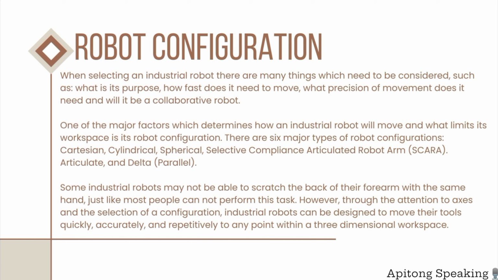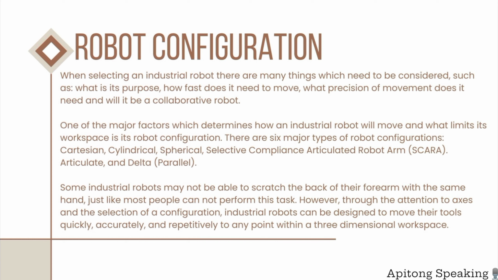There are 6 major types of robot configurations: Cartesian, cylindrical, spherical, selective compliance articulated robot arm or SCARA, articulated, and delta or parallel. Some industrial robots may not be able to scratch the back of their forearm with the same hand, just like most people cannot perform this task.